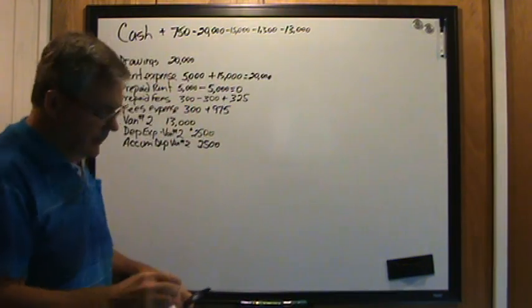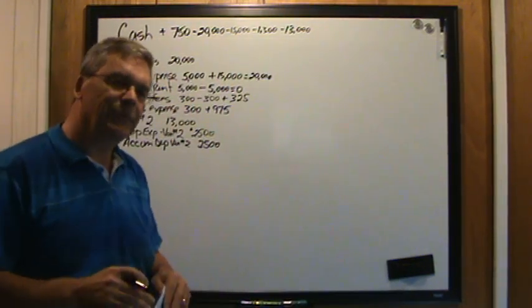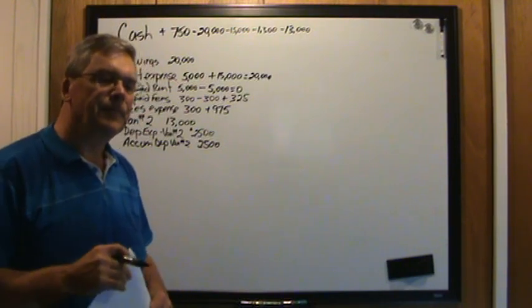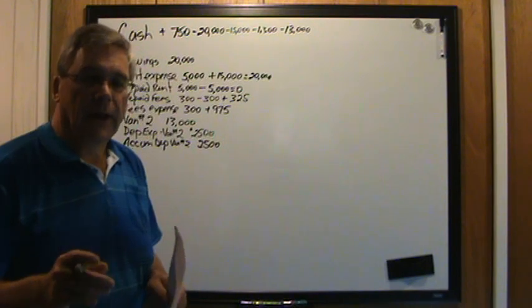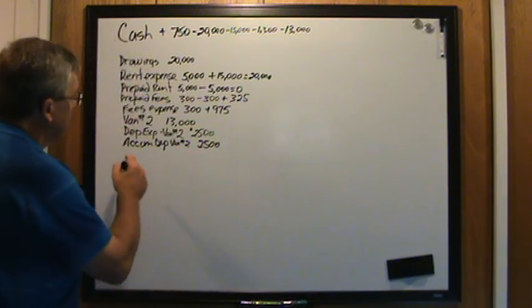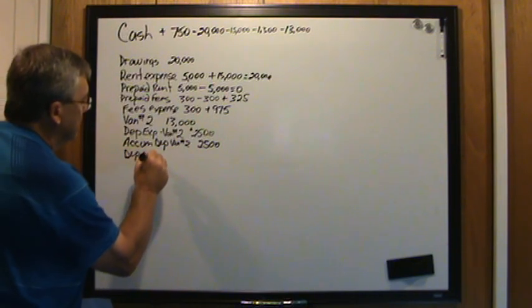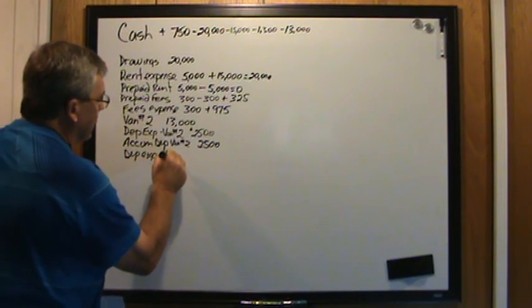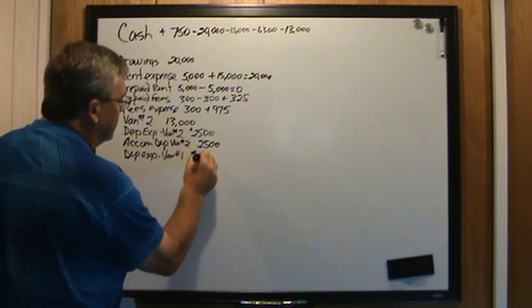While we're here, and because there's not a separate transaction, it's really an adjustment that we have to make at the end of the year, is the first van, because that van will depreciate also during this year. So we have depreciation expense for van number 1 of $2,500.